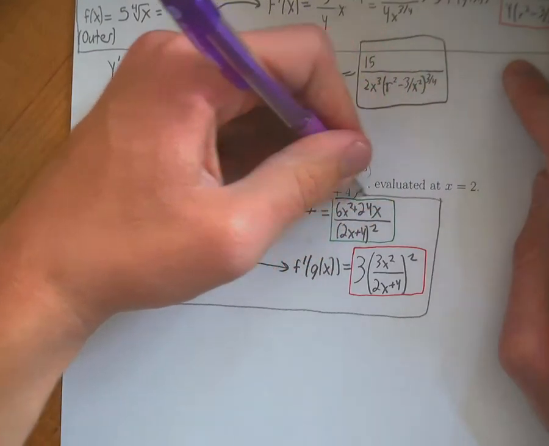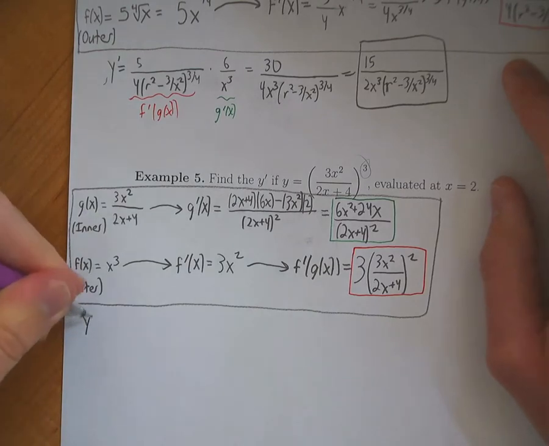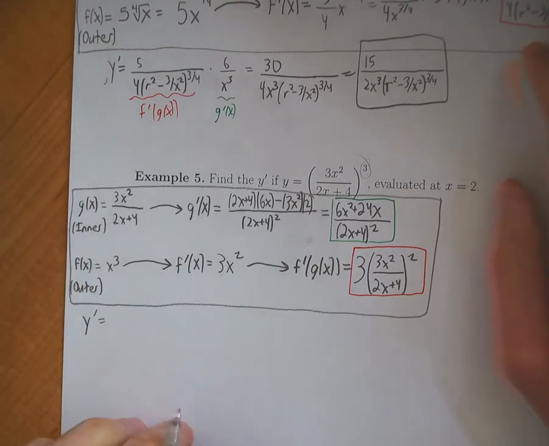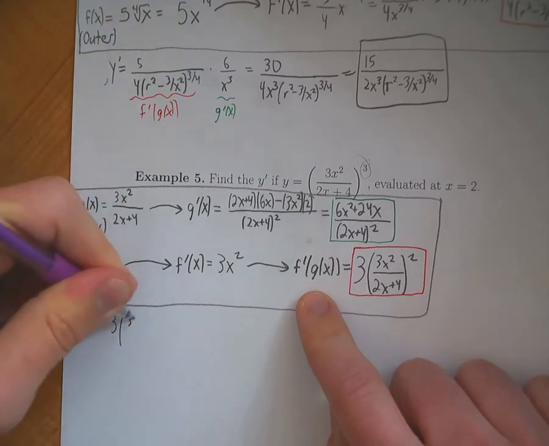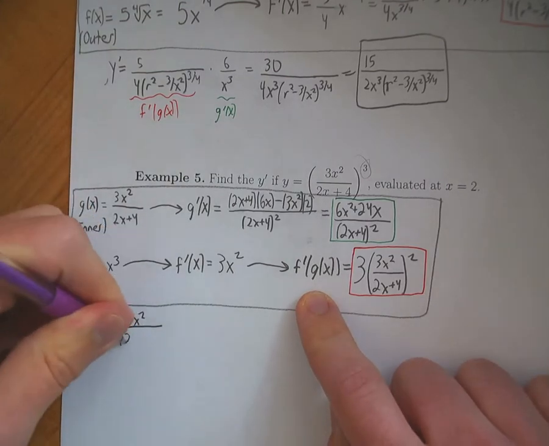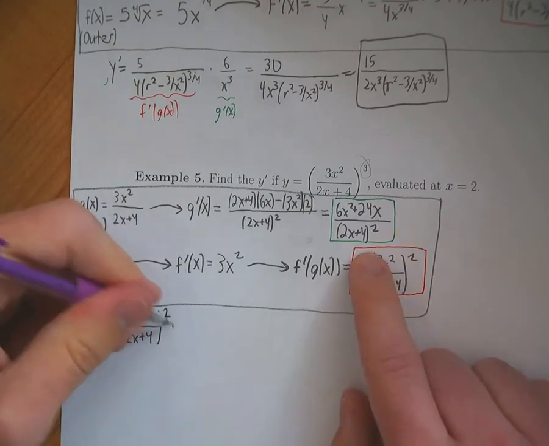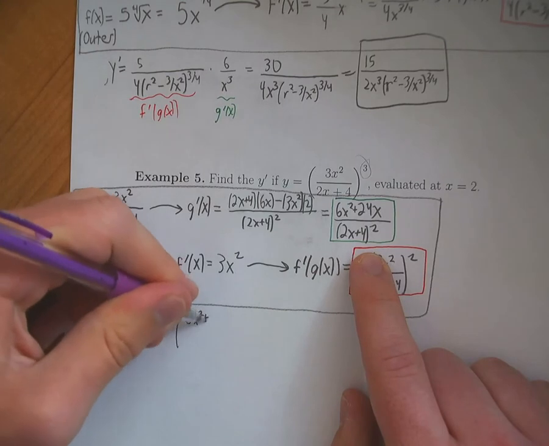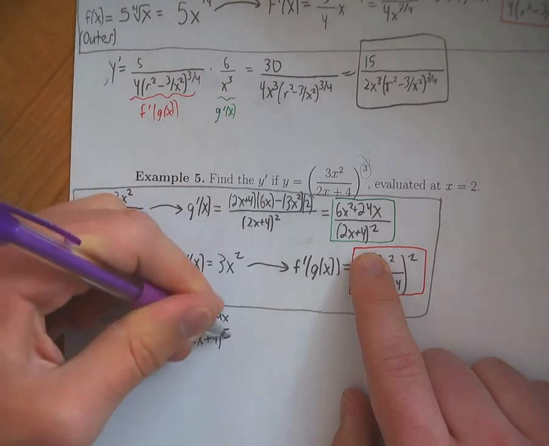So the roadmap is now established. Now we just plug it into our good old chain rule. We have f prime of g of x, so 3 times 3x squared over 2x plus 4 quantity squared, times g prime, so 6x squared plus 24x all over 2x plus 4 quantity squared.